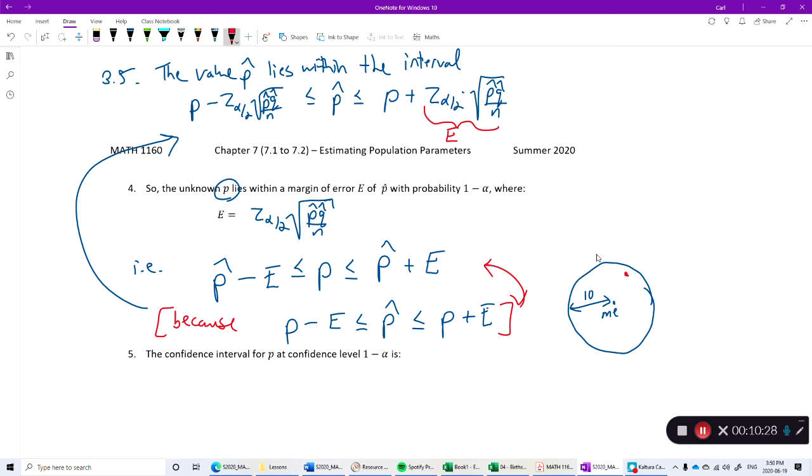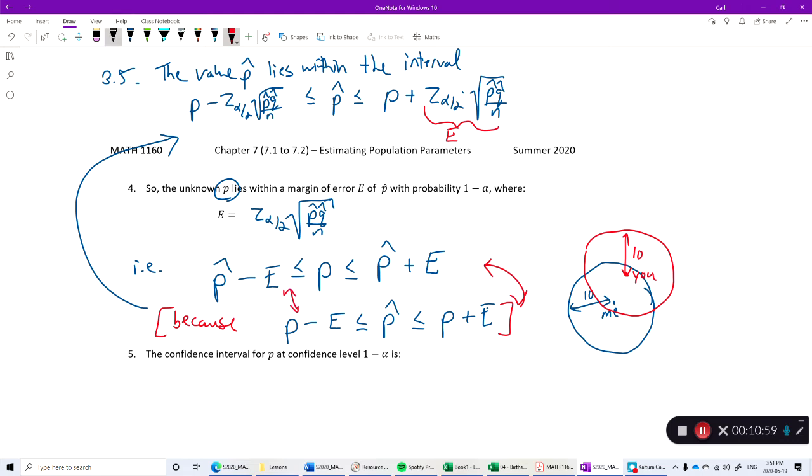That's the same thing as saying that if I draw the circle around you, well, I'm standing within 10 meters of you, right? I'm in your circle. You're in my circle, I'm in your circle. That's what this is saying. So P hat is in the circle around P, just like P is in the circle around P hat. So that's why these statements are the same.